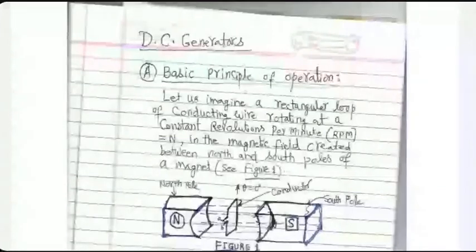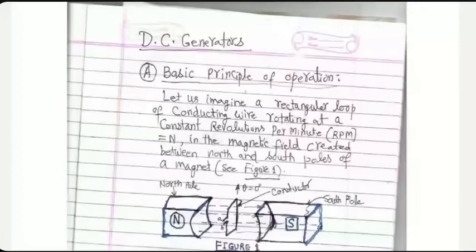I am taking a very simplified case where there is only one North Pole and one South Pole, producing the required magnetic flux, and one conductor in the shape of a rectangle with two ends opened out available to us for connection to the outside world. Theta equal to 0 degrees is the vertical position.